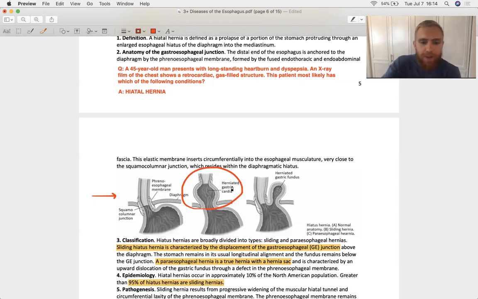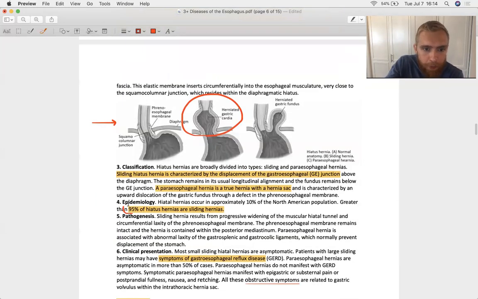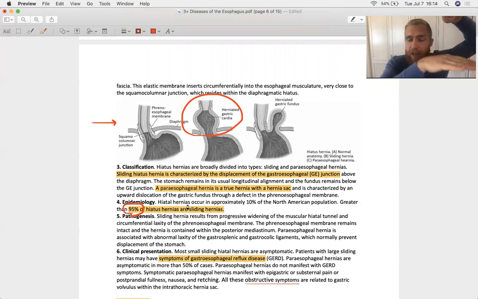And in fact, that's the mechanism of 95% of your hiatal hernias: the esophagus contracts lengthwise and it pulls the stomach up and uproots it, kind of like pulling up a plant from the ground as it contracts.